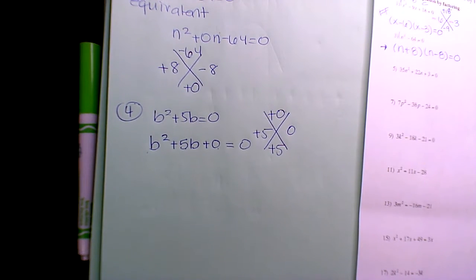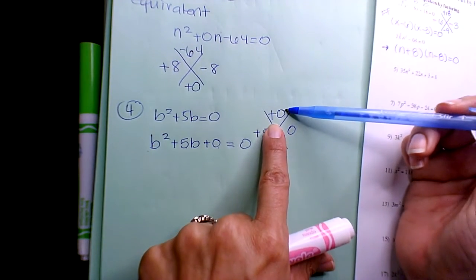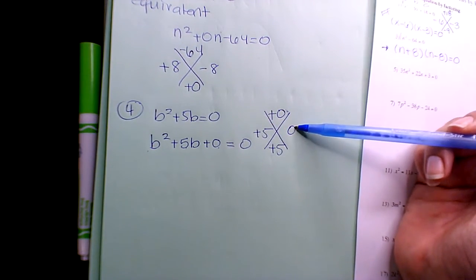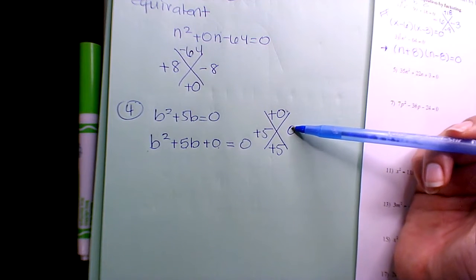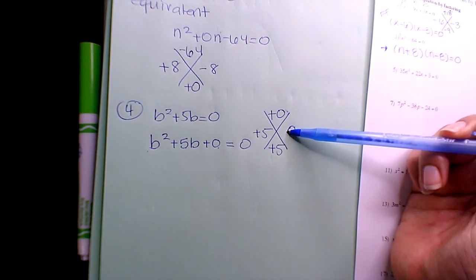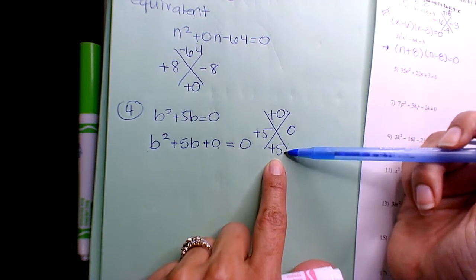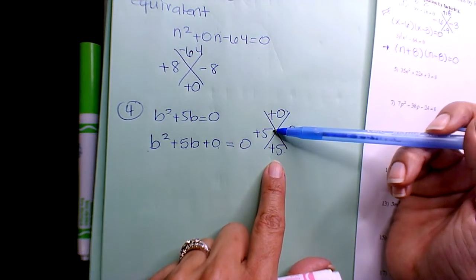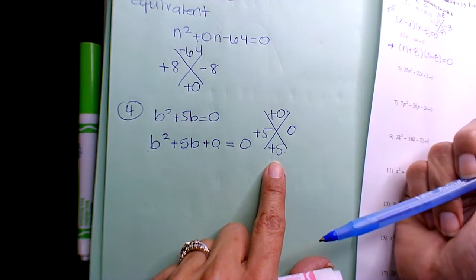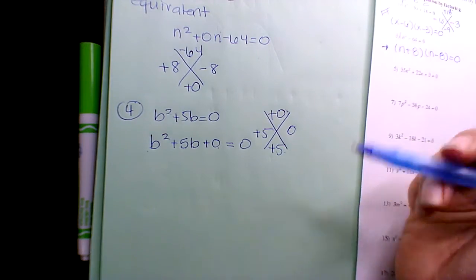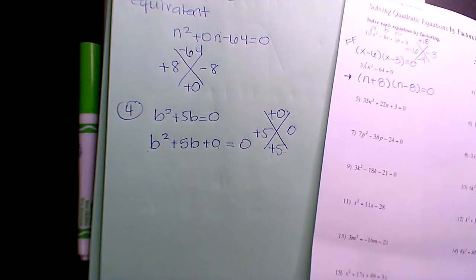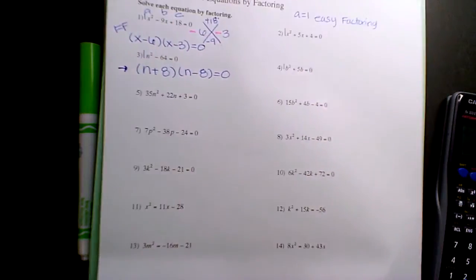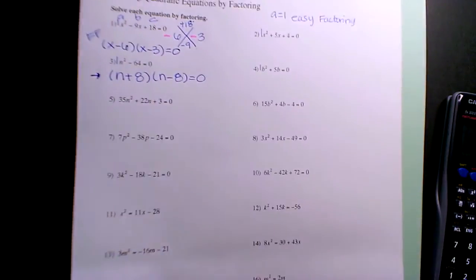Right? So if your product C value is 0, obviously one of these numbers has to be 0 because any number times 0 is 0, right? And then whatever your B value is, that's the value of the other number. So for 4, what do we have? 5 and 0.